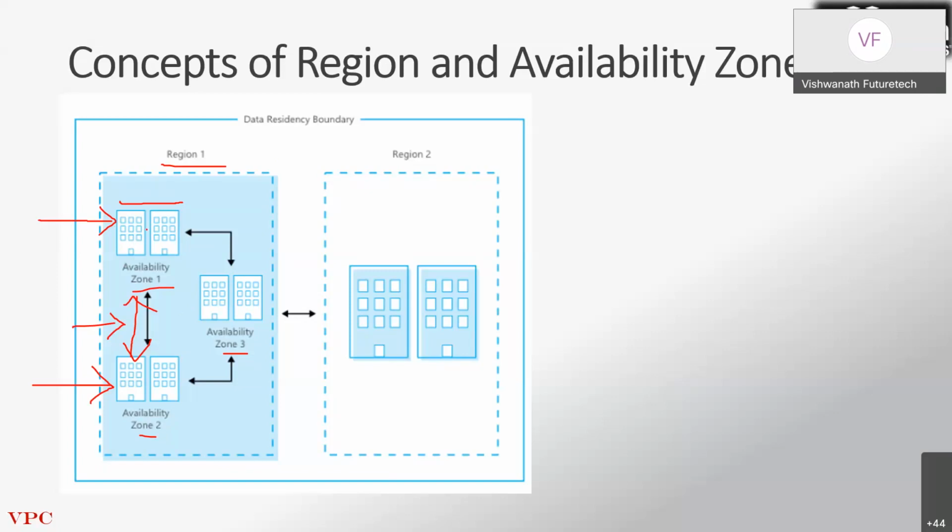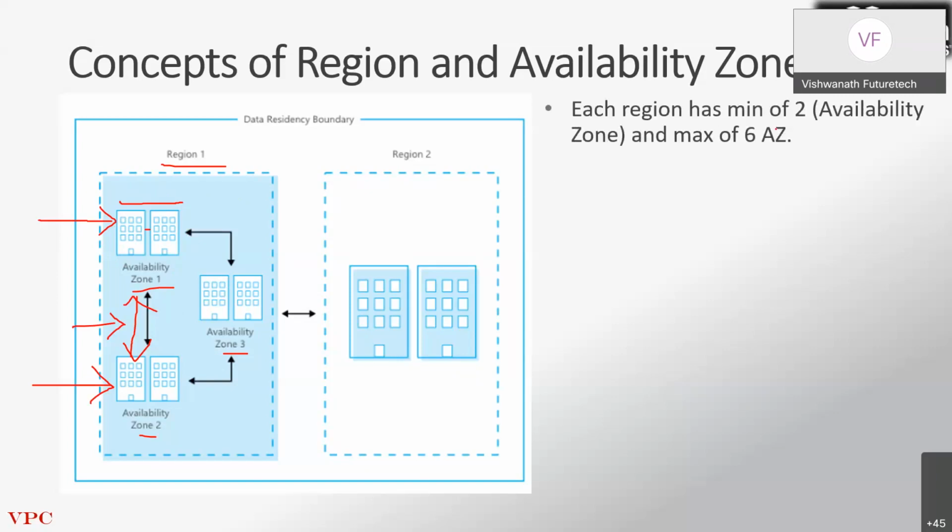They are as close as possible, maybe 10 feet, 100 meters, 10 meters. It could be the next building, the next road building. That whole thing is called an availability zone. They don't have to disclose their actual location, they don't have to make it public. So these are the regions and availability zones.